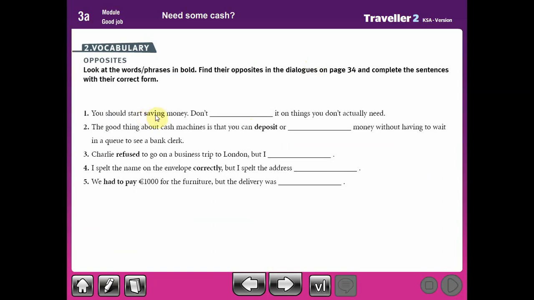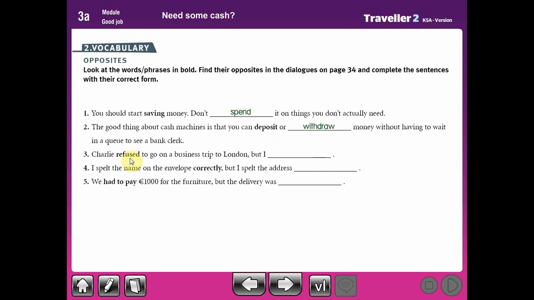Here I'd like you to give me the opposites of the words in bold. First of all, we have save here, and the opposite of save is, yes, good, it's spend. Deposit, you can deposit some money in your account or withdraw some money from your account in the bank.